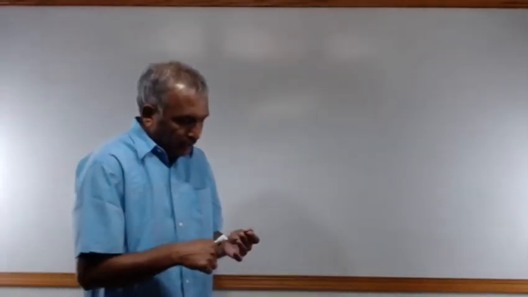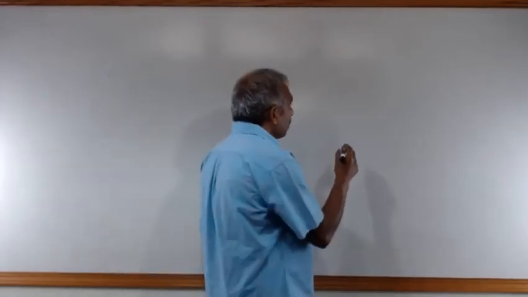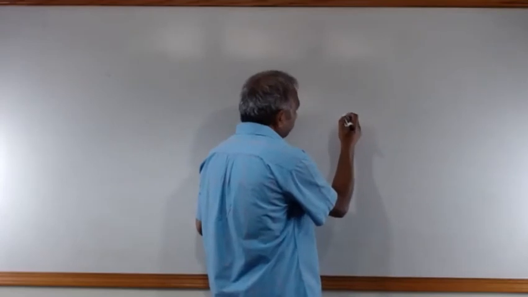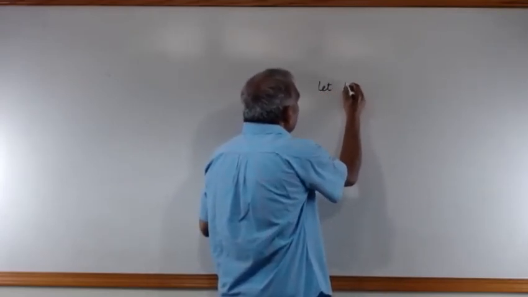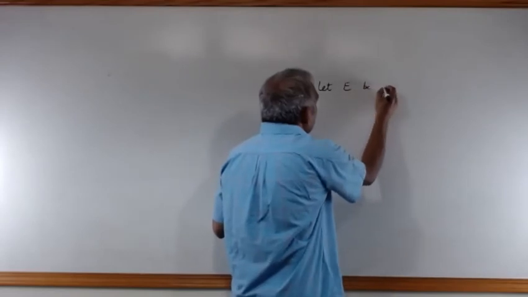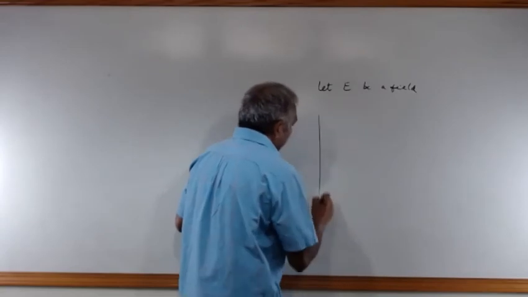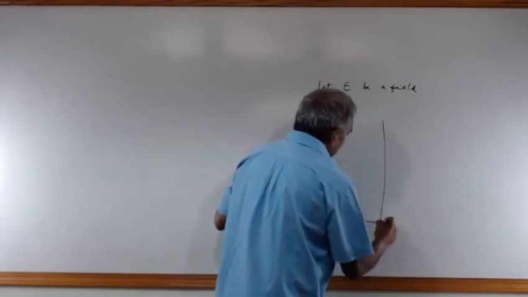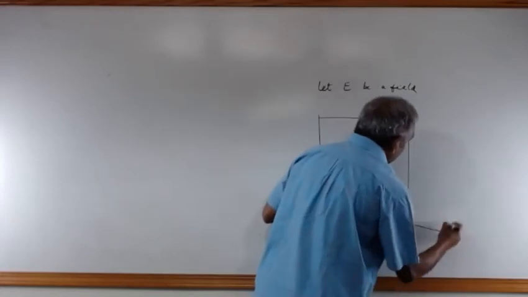Now we are going to get into an important theorem on automorphism. So let E be a field, and for the sake of convenience, I am drawing the field twice.